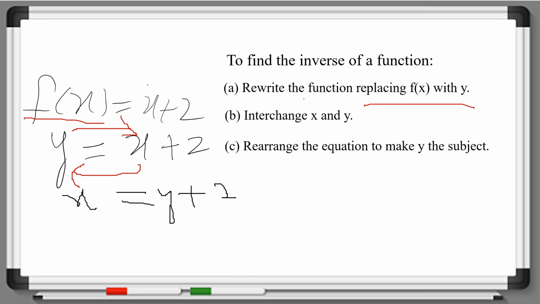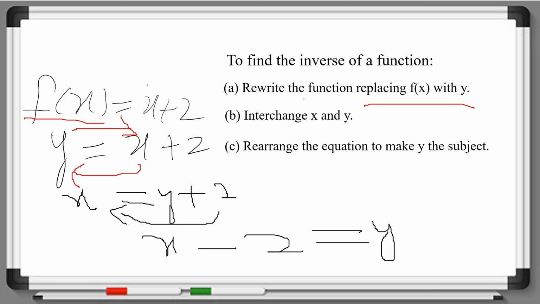Now what is the third step? Rearrange the equation to make y the subject. Now I can subtract 2 from both sides, or send plus 2 from right to left. So it becomes x minus 2 is equal to y. Now you know it, I have shown you just now. Here x, here y.